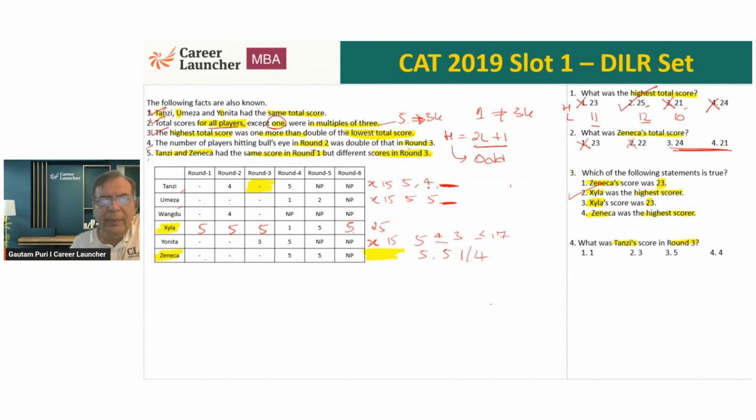So 9 and 5 is 14, 14 and 1 is 15. So it is going to be 5, 4, 1, and the total score of Tanzi is 15. Already one bonus round of 5 means there is one bullseye in round 1 or 3. So 5, 5, 10. Round 2 gives 14 and the total is 15.